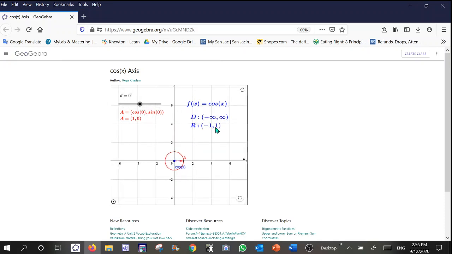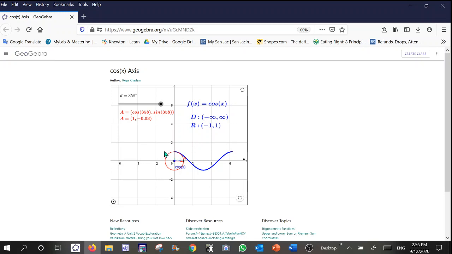And clean this up. And start moving the point on the circle, as you see. And as I move all the way to 360, you see that cosine is graphed. And cosine is really just like sine, except it looks like we're starting at a different place, right?